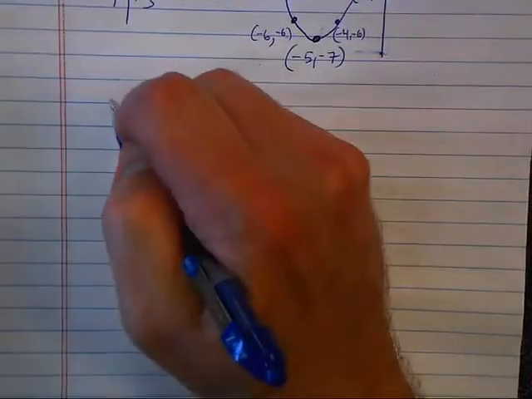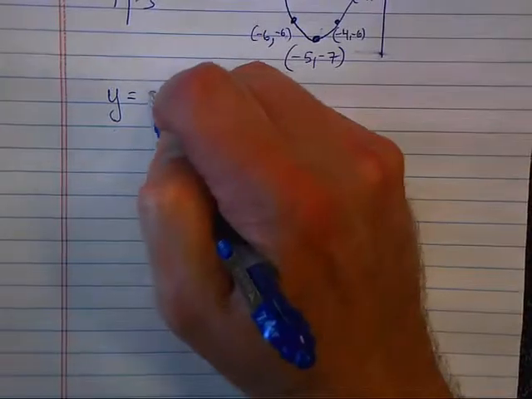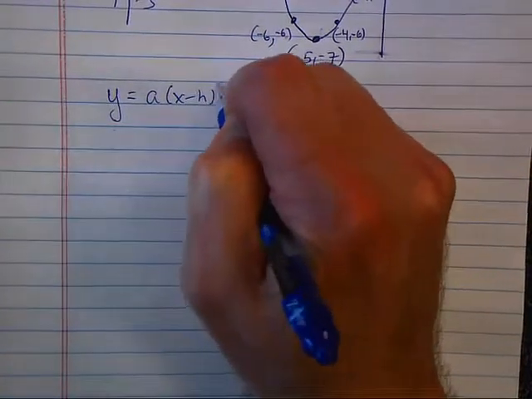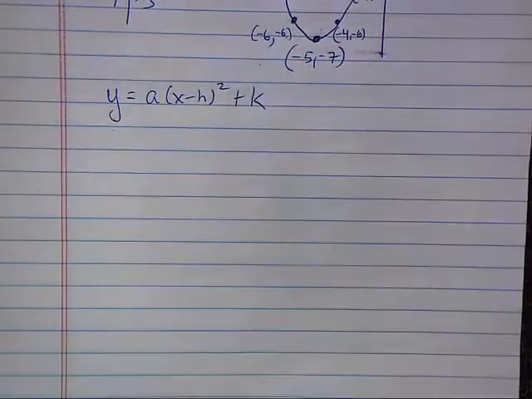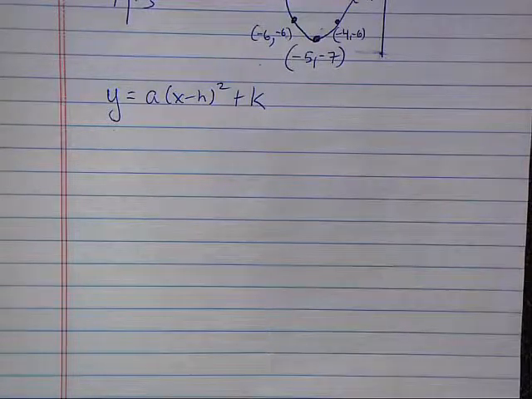All right, so the last thing we need to do is figure out what the number a does. So if I have y equals a times (x minus h) squared plus k, we know what h and k do. What do h and k do again? k is up and down, h is left and right.